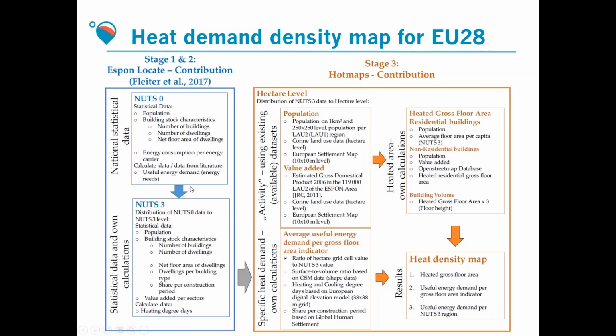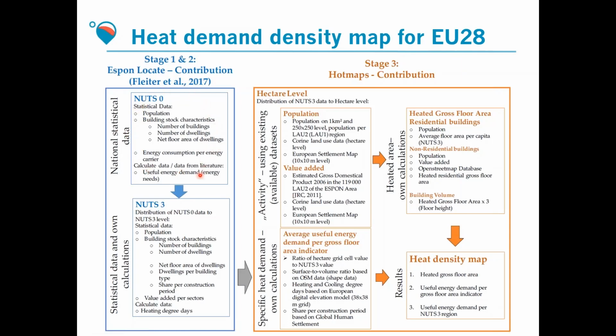First of all, our plan was to generate a heat density map which has 1 hectare resolution for the whole EU28. We started from national statistical data, and we gathered a lot of information on the building stock characteristics, population, energy consumption, energy balances, and so on.